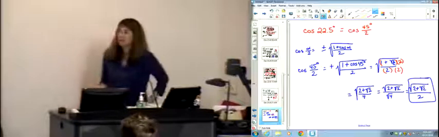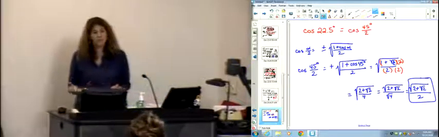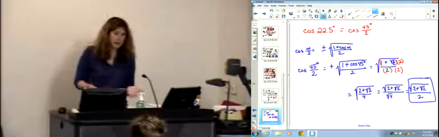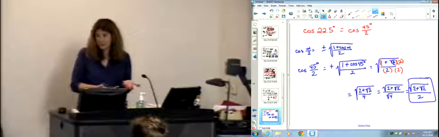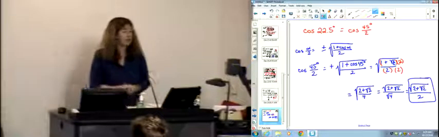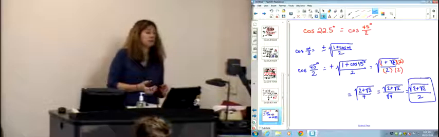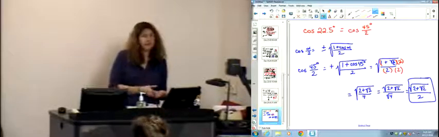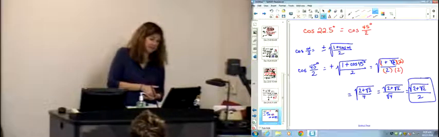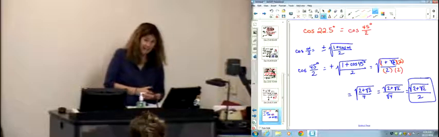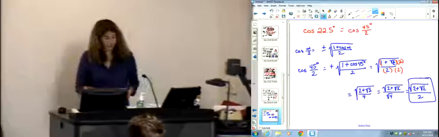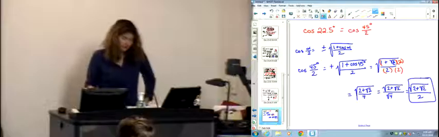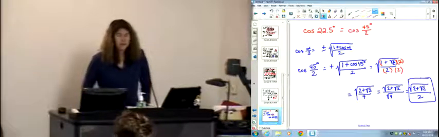If we have an angle like 22.5 degrees, that's not going to be something we get by adding or subtracting angles we know about, right? We would think, is it 2 times something? Is it something I know about that's been divided by 2, been halved? And that's the case here. Does anybody have a question on that one?